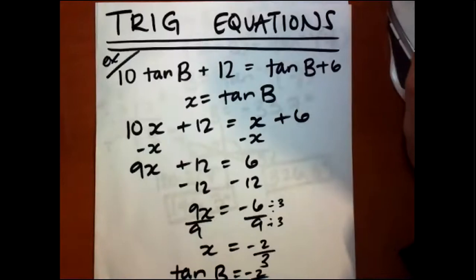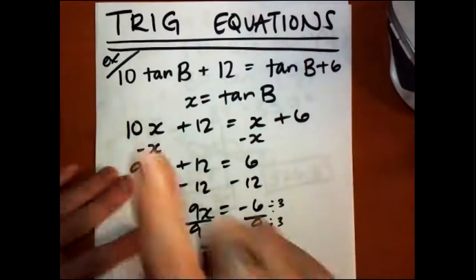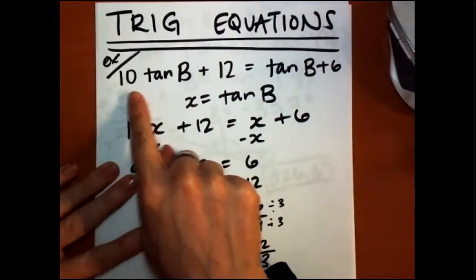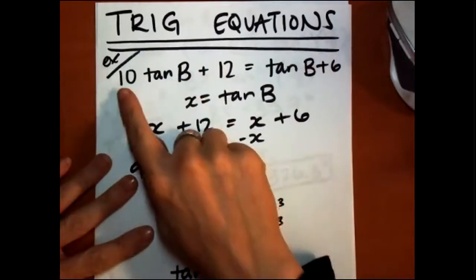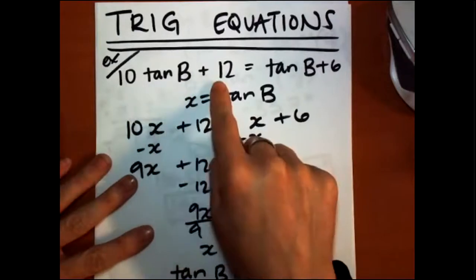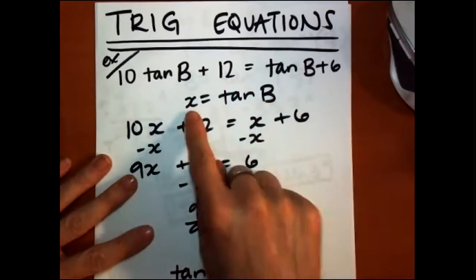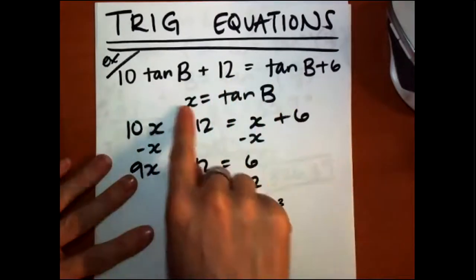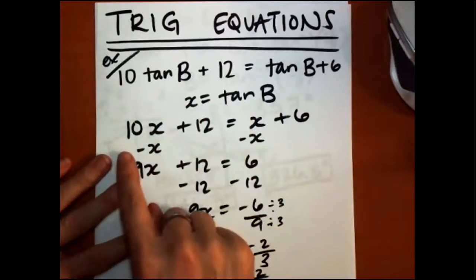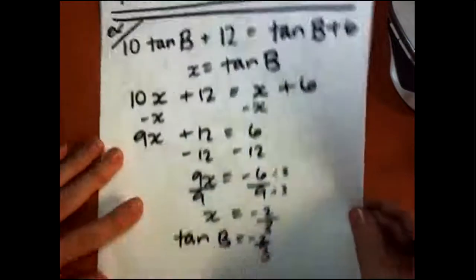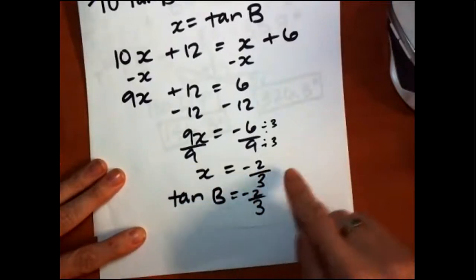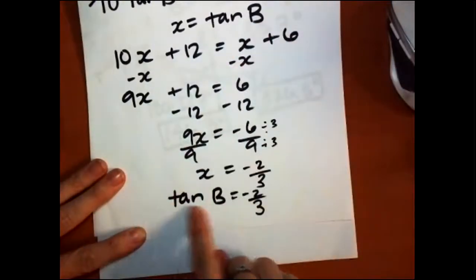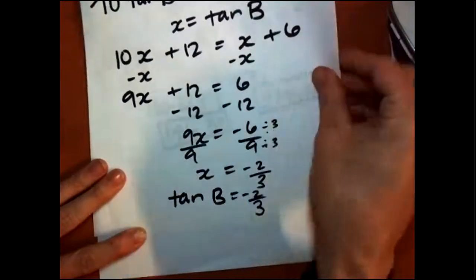Okay, those are your two types of questions. So let's review what we did. Our first type of question, we were answering in degrees, but we had 10 times tan b plus 12 equals tan b plus 6. We substituted x in for tangent of b to make this equation nice and solvable. We got down to x equals -2/3, and we resubstituted our tangent of b in for x.